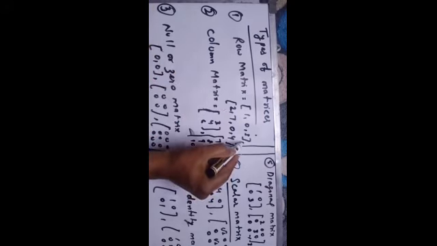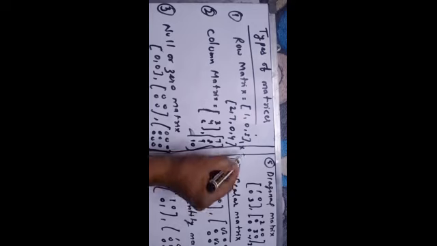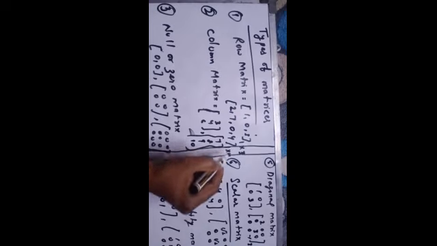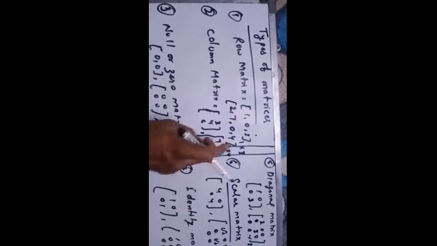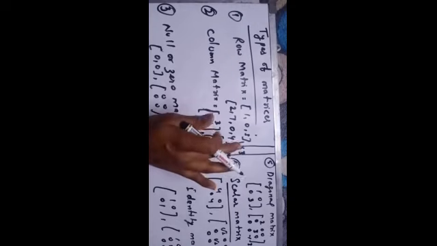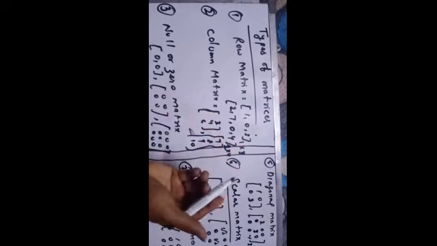Generally, if you have to write the order of this matrix, the rows will remain the same. That would be 1, and your column can be changed. Here the column is 3, and here the column is 4. So this is the possible order which we can write in row matrix.